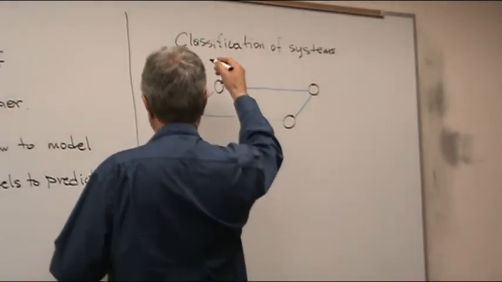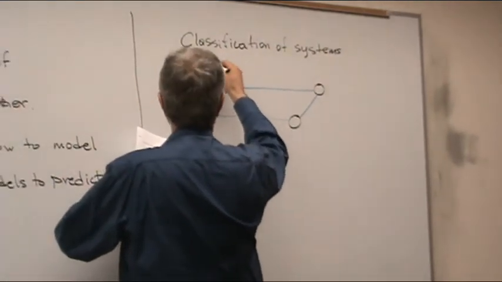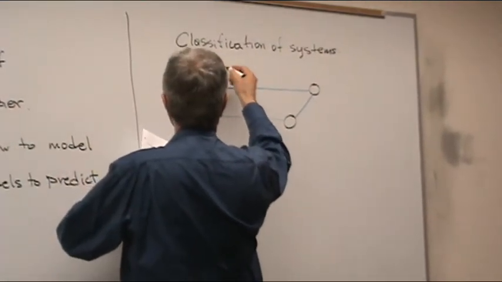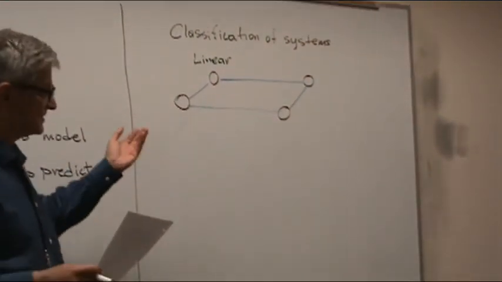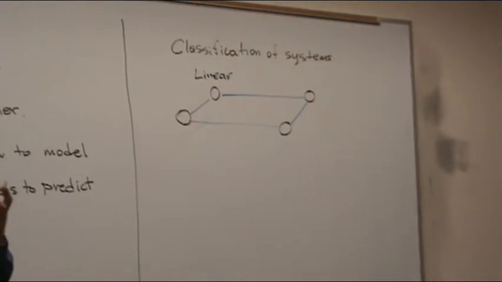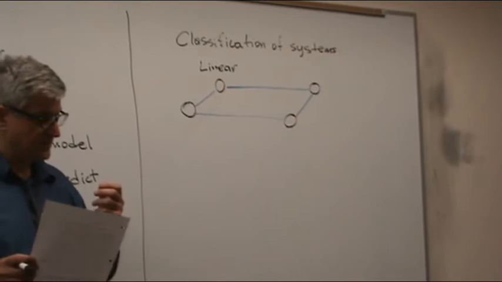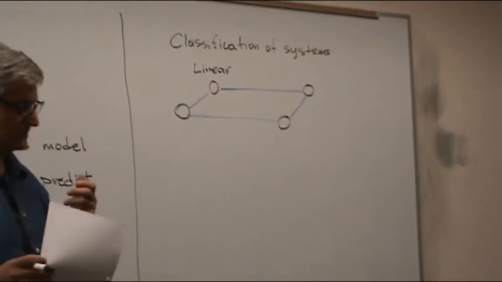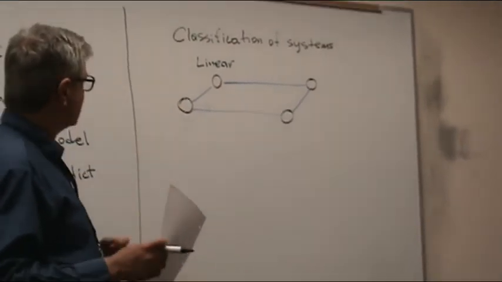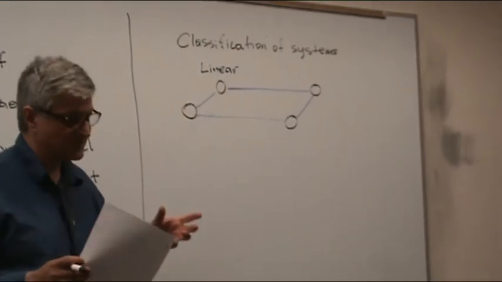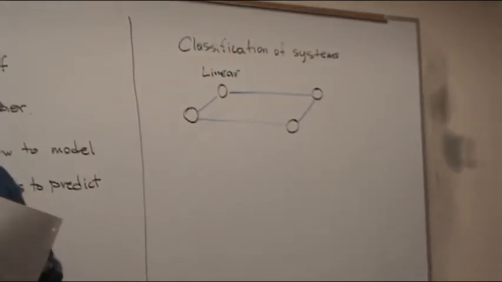Okay. The left side represents linear systems. A linear system is a system whose equations involve only first powers of the unknown. So you don't have products of unknown quantities, or squares of the unknown quantity.